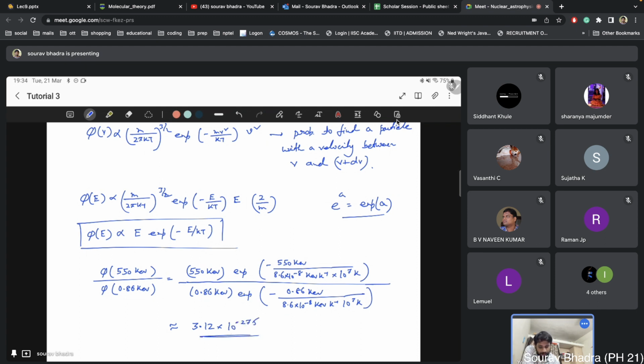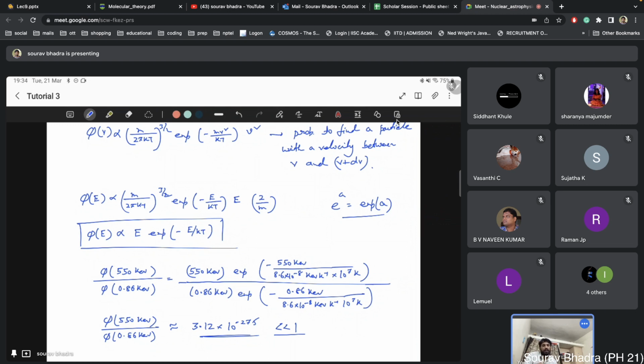This is the value I got. So the number of particles at 550 keV divided by the number of particles at 0.86 keV equals 3.12 times 10 to the power minus 275. That means it is very much less than 1. So the probability of staying at the higher energy level, 550 keV, is much lower than the probability of staying at the lower energy level.